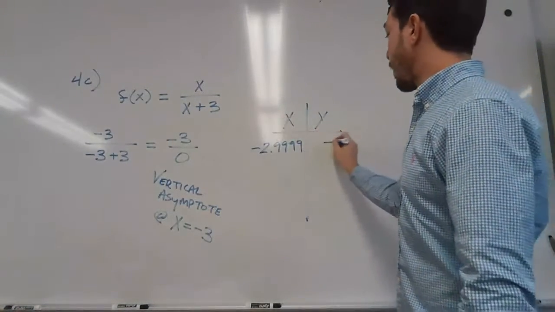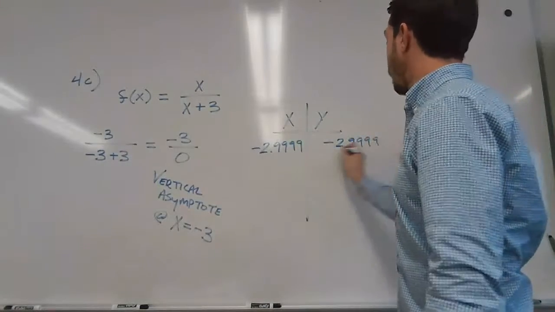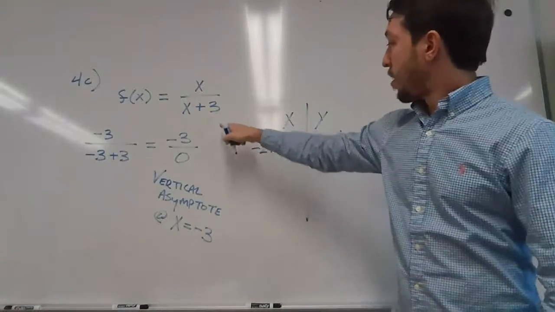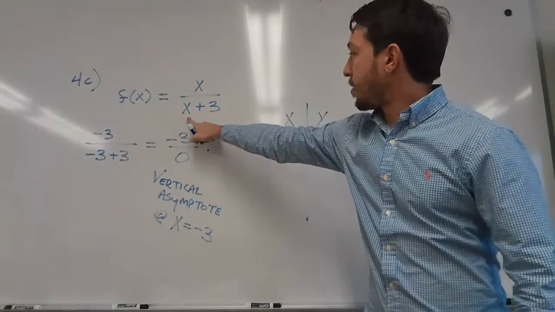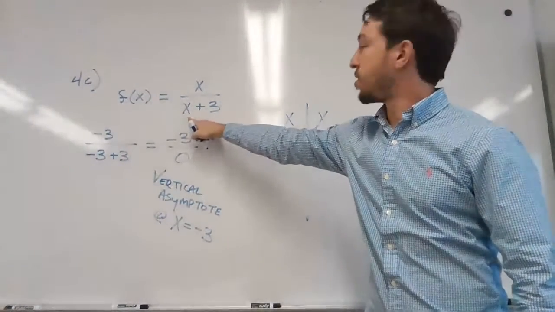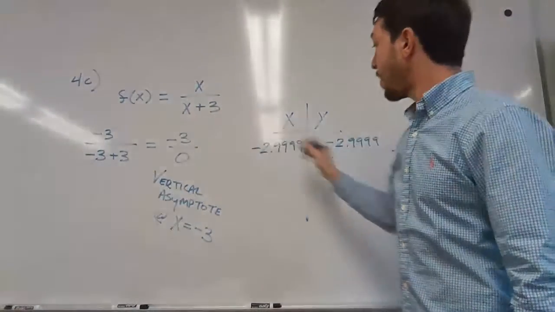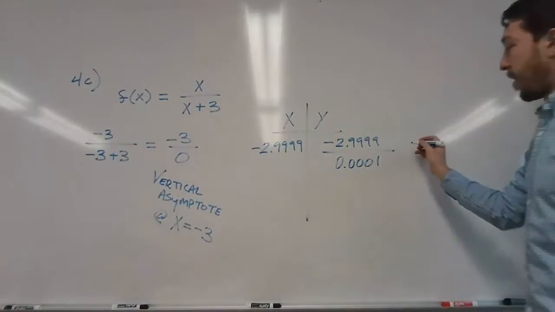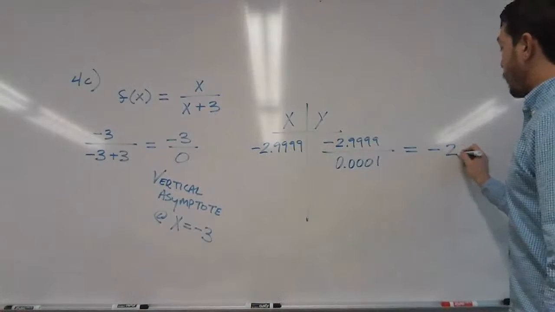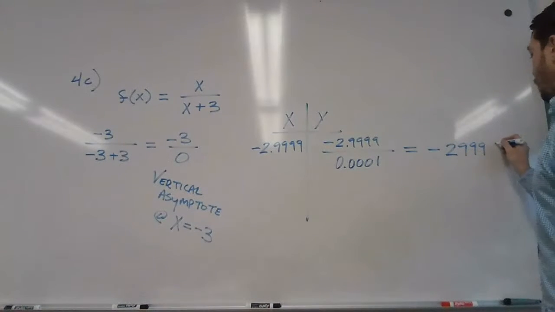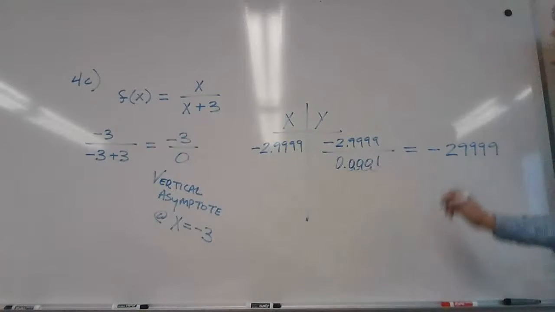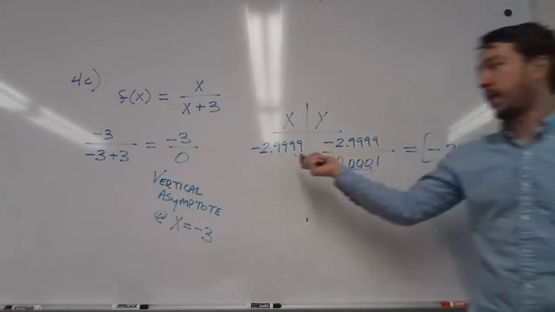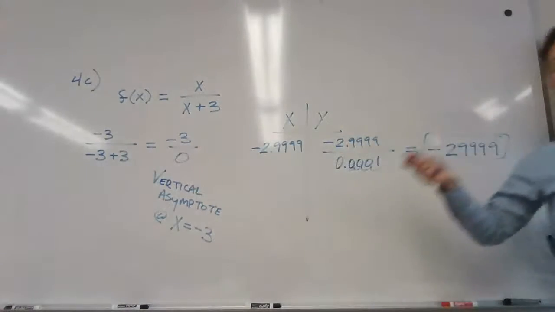I get -2.9999 divided by -2.9999 plus 3, which would be positive 0.0001. And if you divide those, you get roughly -29,999.